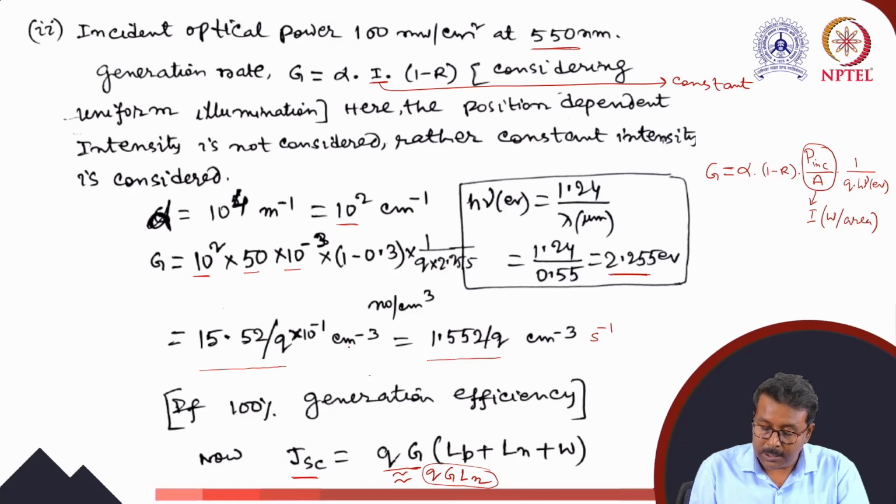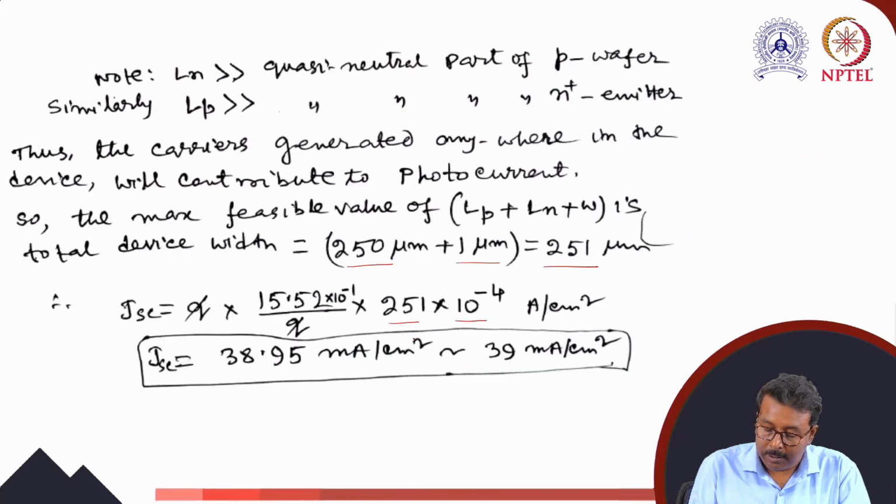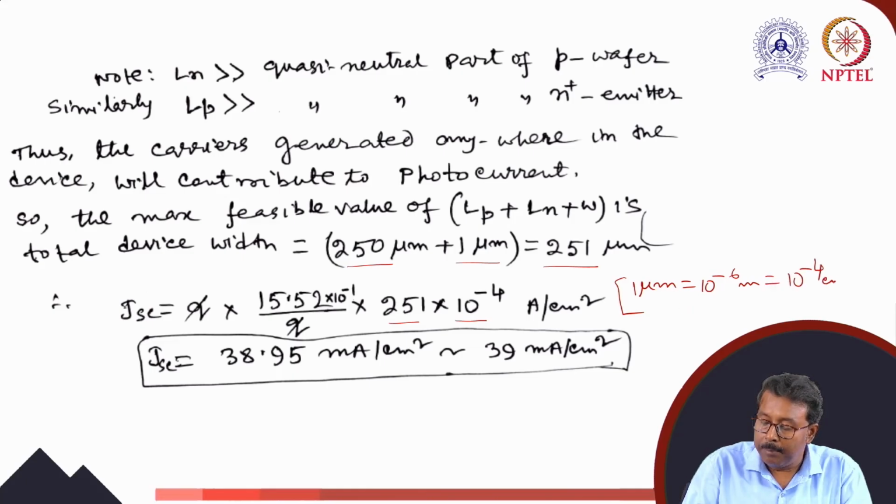So 10 to the power minus 4 is coming from 251 micrometer. 251 micron means 251 into 10 to the power minus 4 centimeter. 1 micron is equal to 10 to the power minus 6 meter, that is equal to 10 to the power minus 4 centimeter.